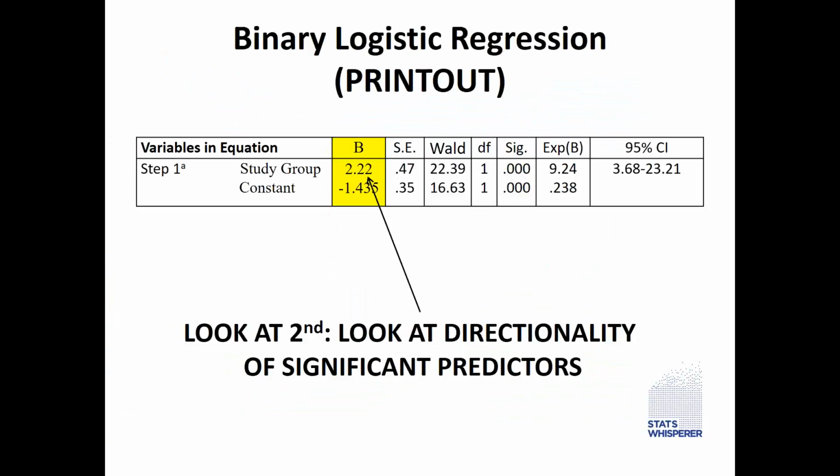So study group goes from 0, no or control, to 1, intervention, right? And then quitting smoking goes from 0, no, to 1, yes. So it's a positive relationship because there's no minus in front of the beta, right? If it was negative, it would be minus 2.22. So it's positive.